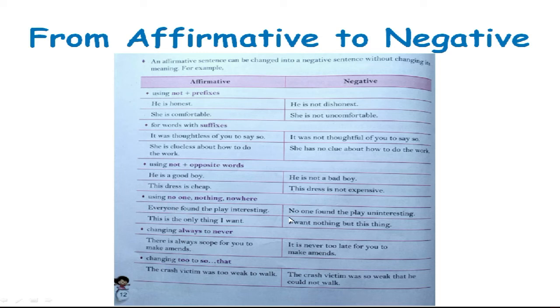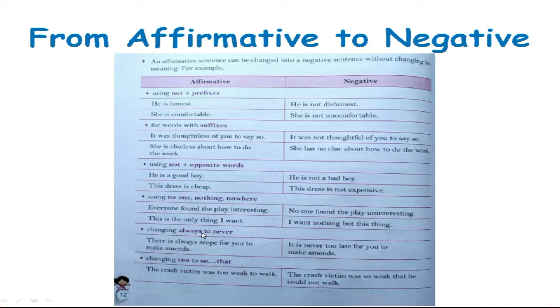So my answer will be no one found the play uninteresting. So what are you doing here? Also you are writing the opposite of the adjective. Everyone found the play interesting. No one found the play uninteresting. Next, this is the only thing I want. So only thing you will change into nothing. I want nothing but this thing.